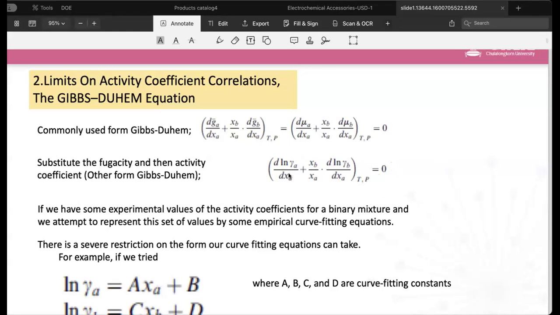So you take the derivative of one thermodynamic property with respect to xA, let's say, and then plus xB over xA times the derivative of that thermodynamic property with respect to xA, it must be equal to 0.